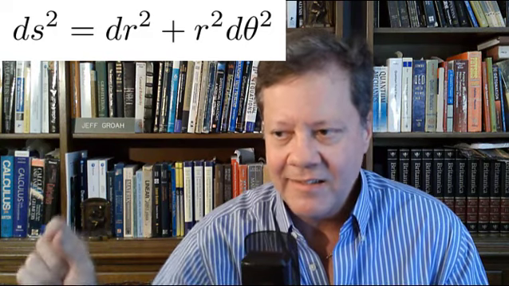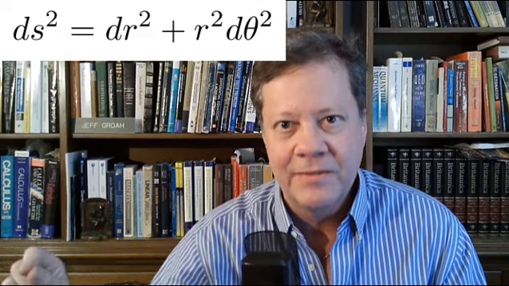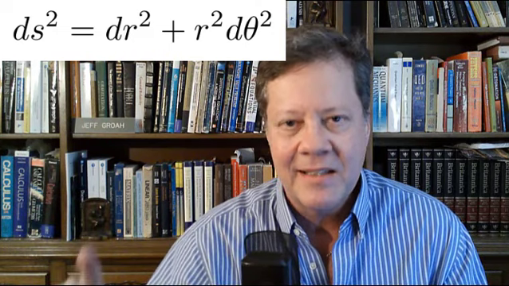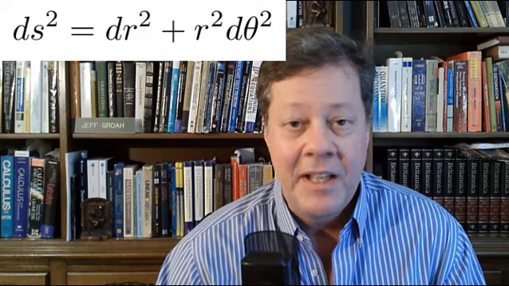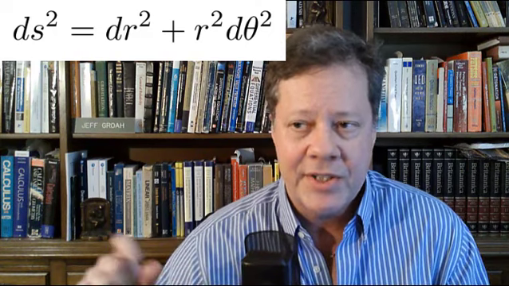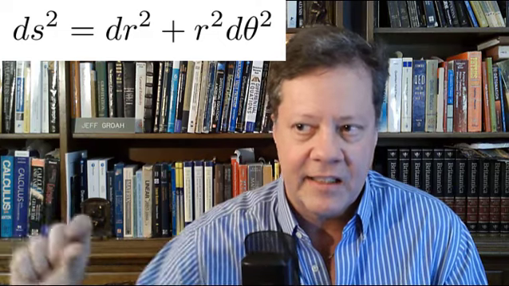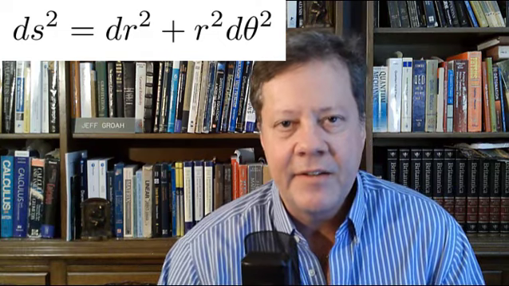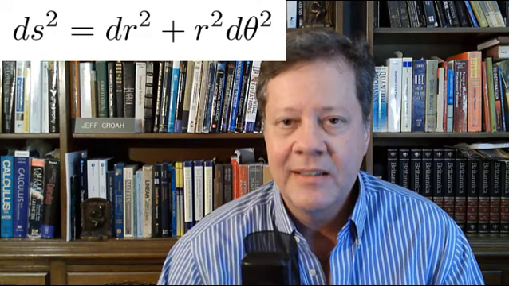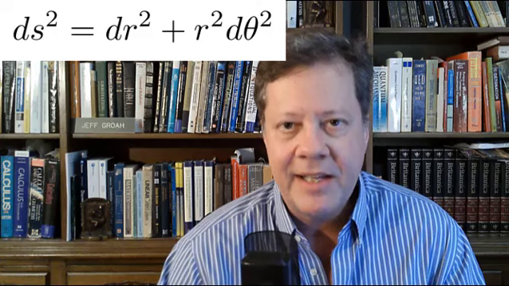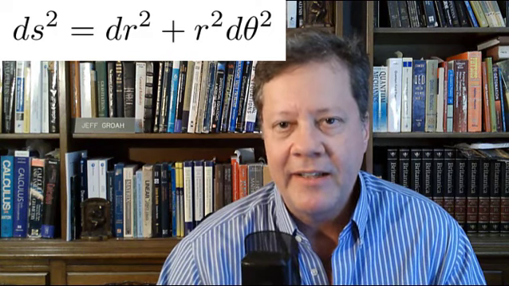The arc length along the arc of a circle is equal to the radius times the radian measure of the angle. If you put those two changes together, a little change in angle and a little change in radius, then the formula ds squared equals dr squared plus r squared d theta squared is the Euclidean way of measuring that total distance.